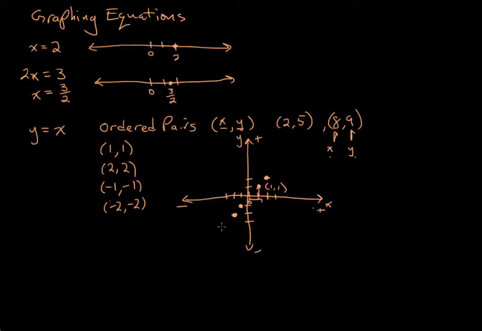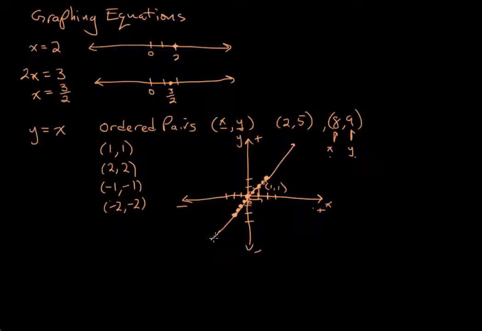And you'll find that not only these 4 pairs of numbers, but tons of pairs of numbers in between, like 1/2, 1/2, 3 halves, 3 halves, negative 3 halves, negative 3 halves, and negative 1 half, negative 1 half. 0, 0 obviously is there. So all these numbers, you could start filling in all the dots, and they basically form a line, and that's how we draw it.